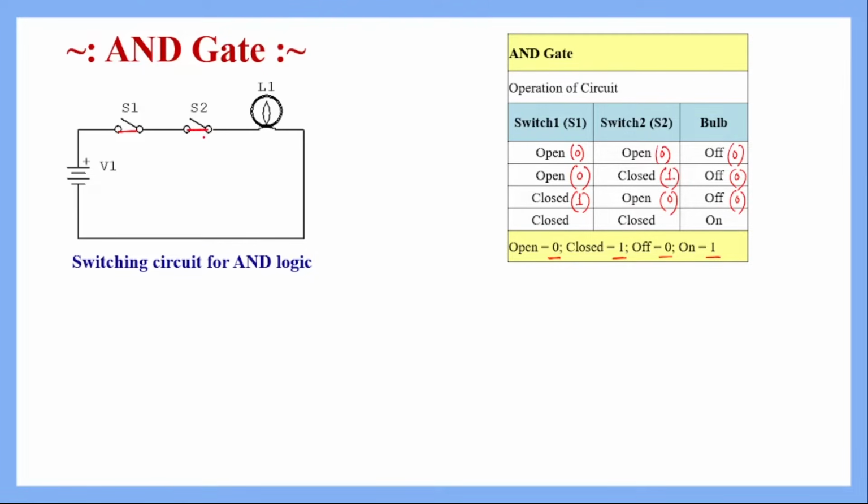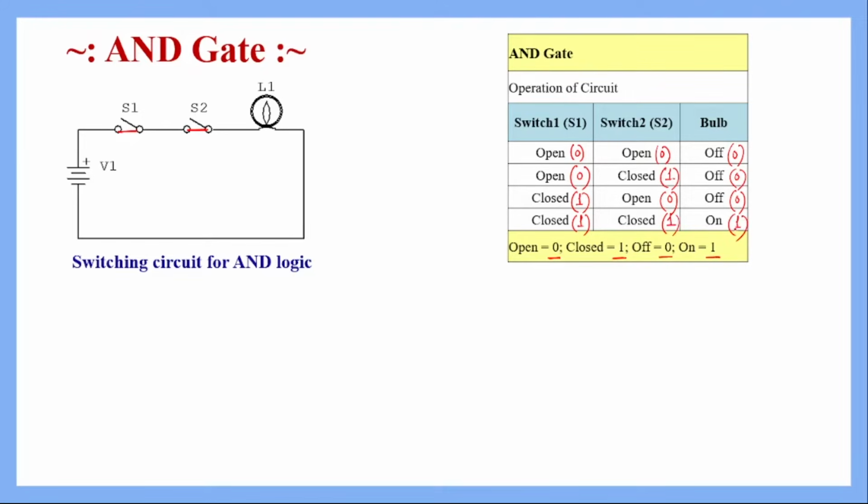Then both the paths are closed and the whole circuit is complete. At that time, the current supplied by this voltage source will flow through the bulb and the bulb will glow. So closing of both the switches means 1 and 1, and the bulb glowing is also 1.